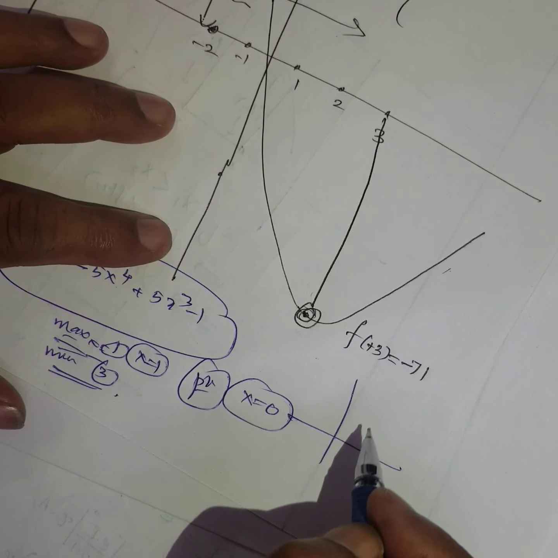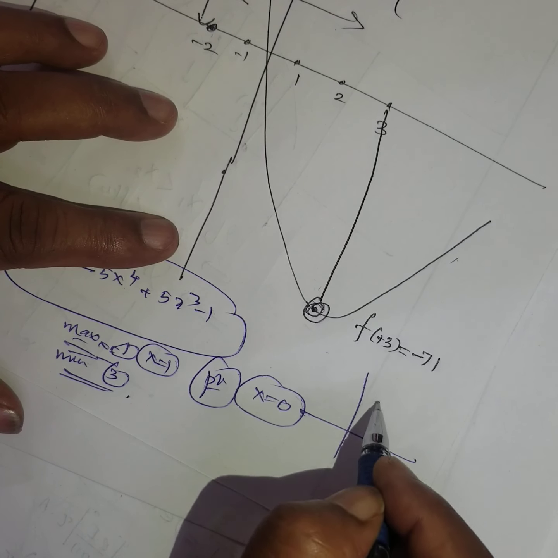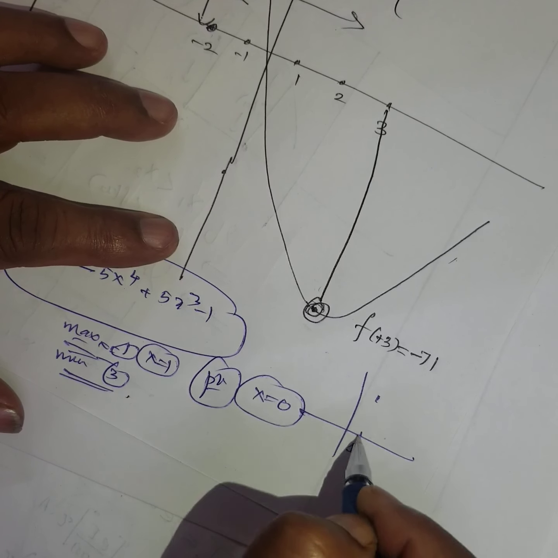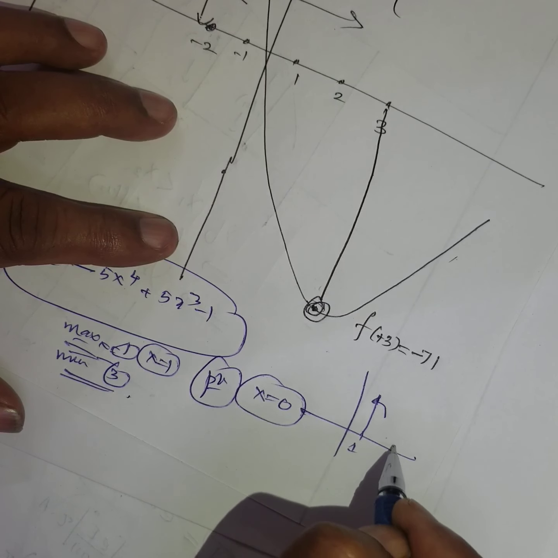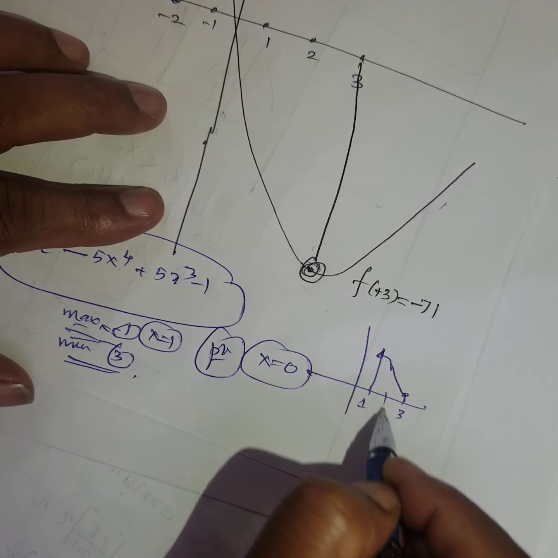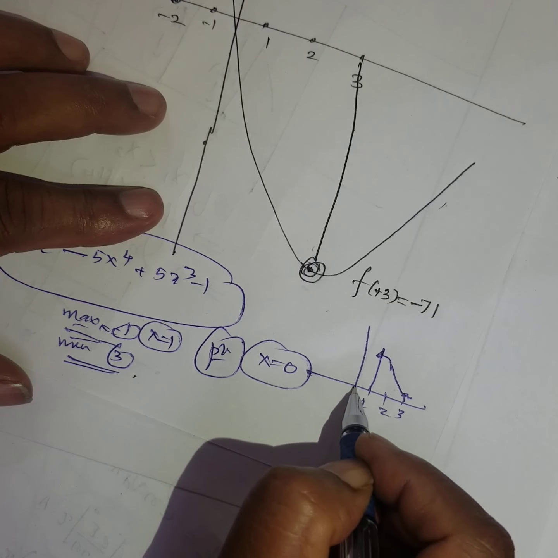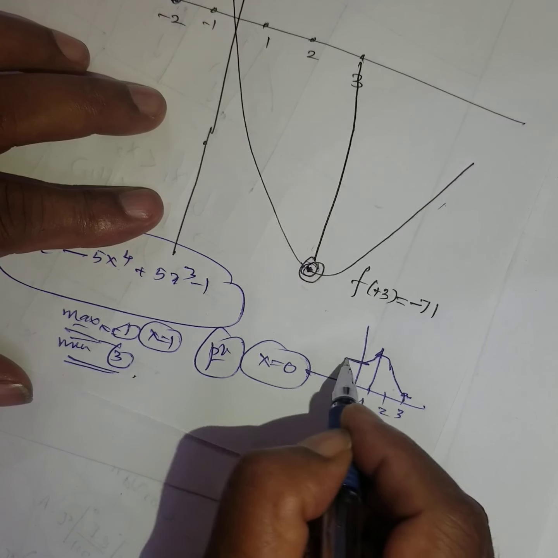Maximum at 1, that is the maximum value, and minimum at 3. And at 0, it is neither maximum nor minimum, it is a point of inflection.